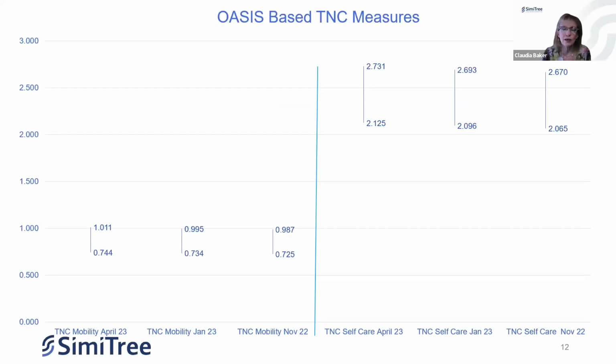Now, the OASIS-based normalized composite scores for mobility and for self-care look a little different because they are calculated measures based on multiple outcome measures. So under mobility, we've got several that they score in together, and they're coming up with a number of points that you get based on how much the patient showed improvement, right?